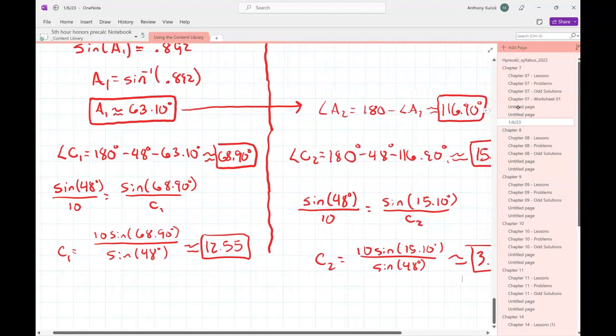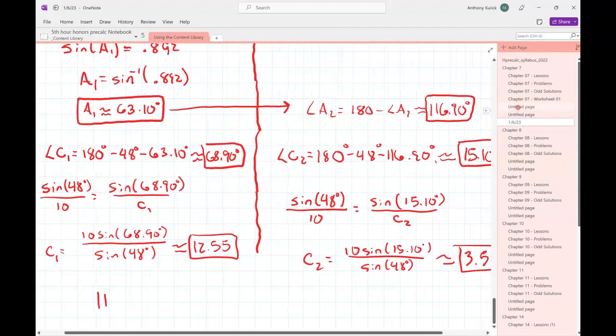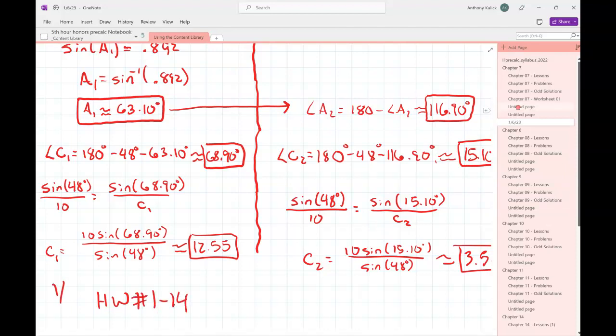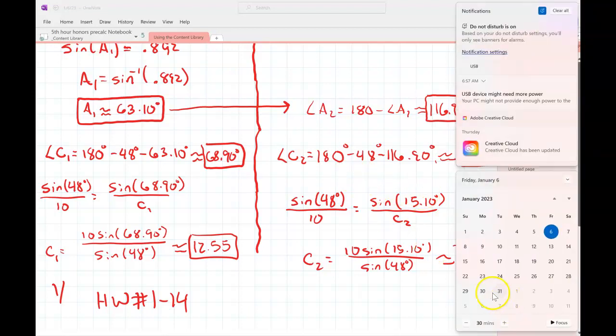Nothing is due on Sunday. So our first problem set will be next, not this Sunday, but the following Sunday. So what is that going to be? Like the 13th or something? 15th.